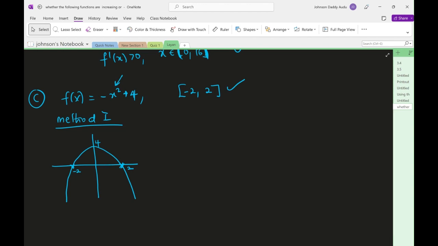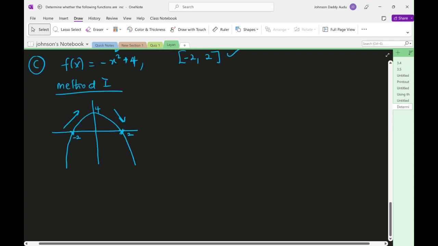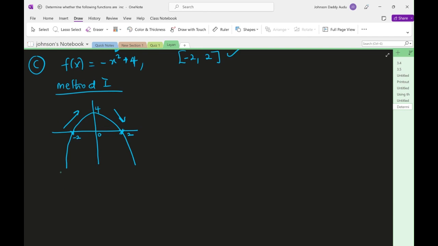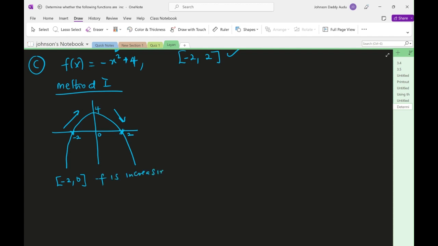Why is it nice? If you try to use the second method, you will have a problem. Because if you look at this function, at some point it is increasing, while at some point it is decreasing. So actually from the graph, you can see that this is 0. Between -2 and 0, f is increasing.